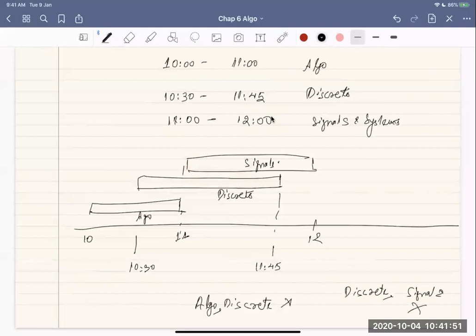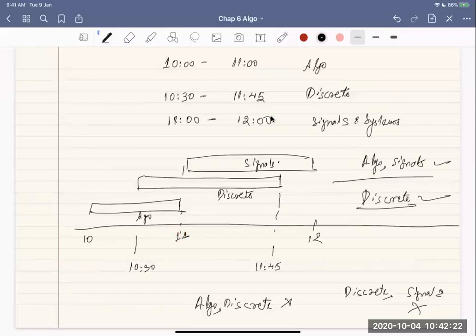But I can run algo and signals and systems. This and this do not overlap. I finish my class at 11 and they start at 11. Looks good. That's how we used to have classes, right? One hour class and the next class starts. So algo and signals and systems looks fine. Or you can just run discrete.